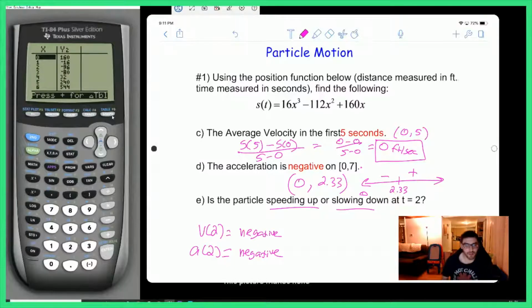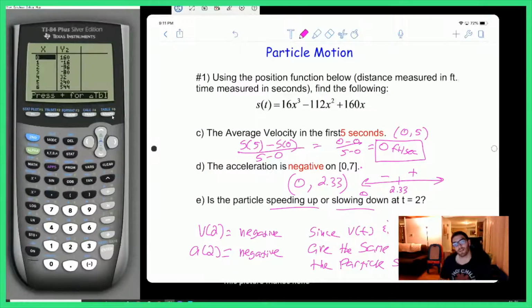This is enough to conclude that the particle is speeding up because they're working together. So since v of t and a of t are the same sign, the particle speeds up.